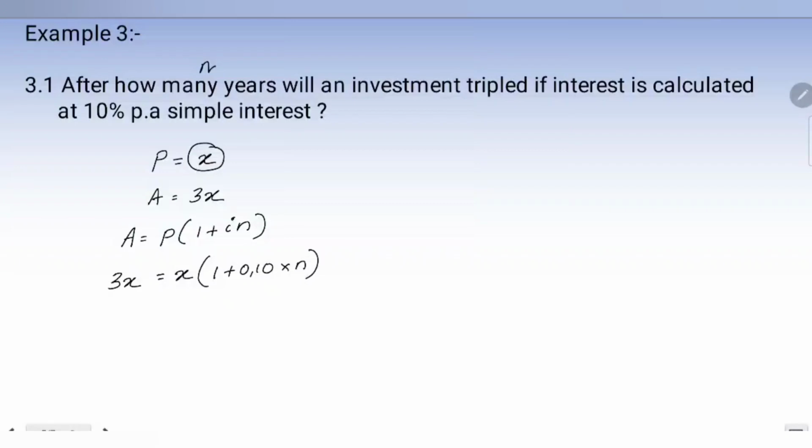That's it. Now simplify. First thing, where is n? n is on the right hand side of the equal sign. So you have to send all the numbers associated with the n to the left hand side. The first number is x. We don't know that x, but still it is fine. x is multiplying on the right hand side, so on the other side it is going to divide, or divide both sides by x.